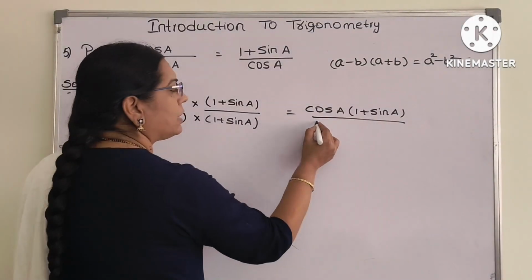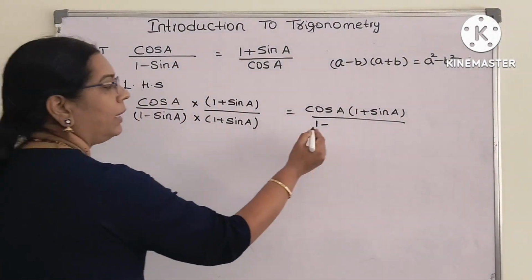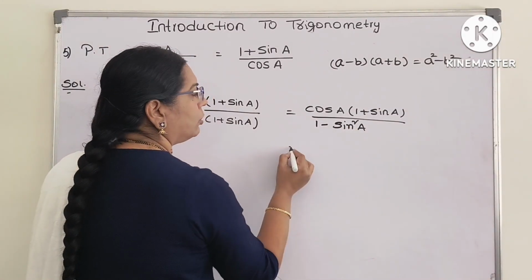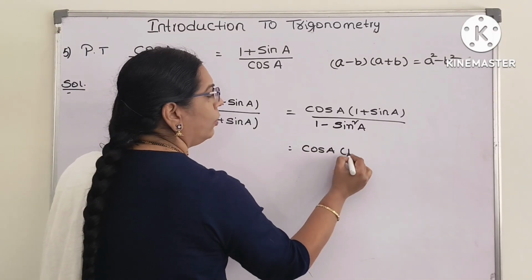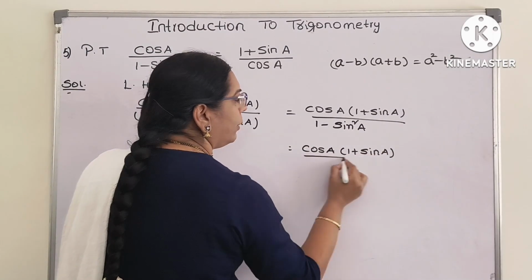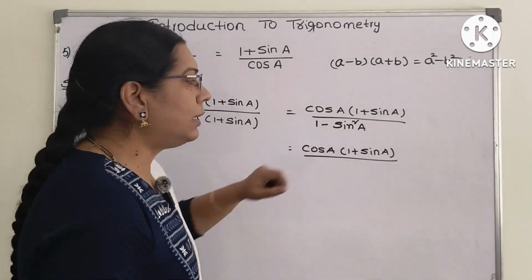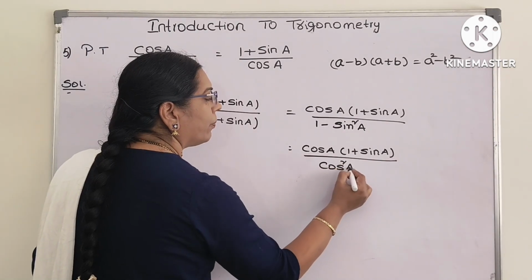So I will write A square, which is 1 square, which is 1, minus B square, minus sin square A. So this will be cos A into 1 plus sin A divided by, what is 1 minus sin square A? 1 minus sin square A is cos square A.